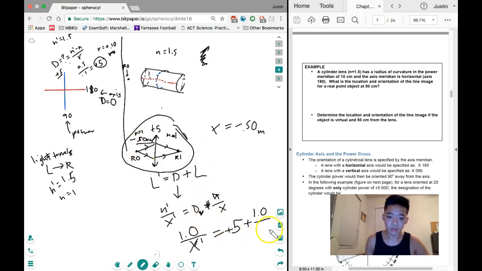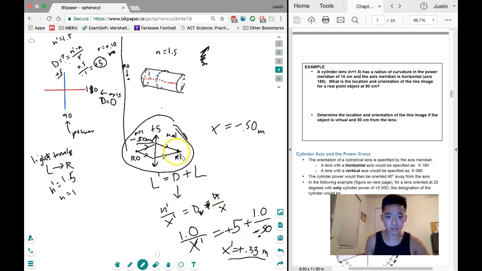And then x is minus 0.50. When you do all that math, x prime, the image location, is 0.33.